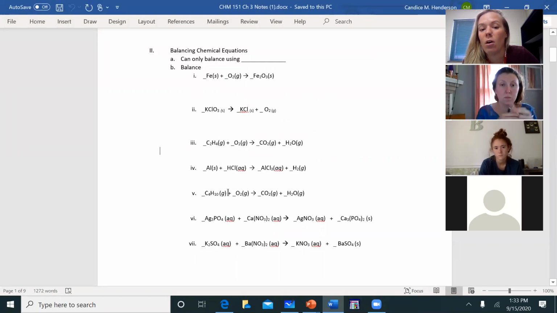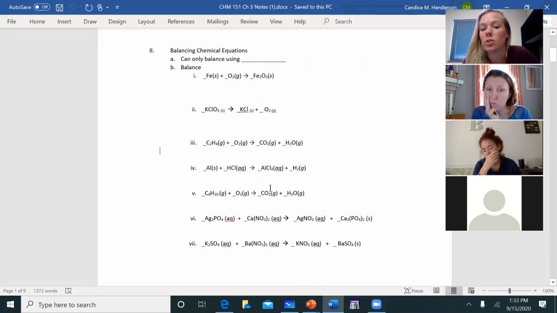This guy here, also a combustion reaction. Only thing that's different is this has 2 more carbons than this, and this has 6 more hydrogens than this one, right? So the balancing will be a little bit different. But the basic format is the same. We've got a carbon-hydrogen mixture with oxygen, and it produces CO2 and H2O.